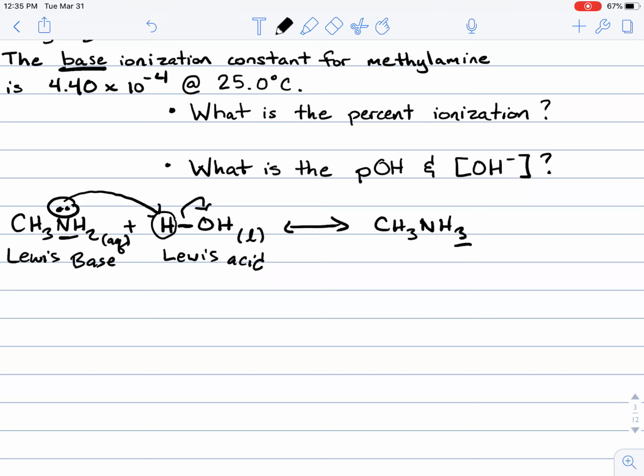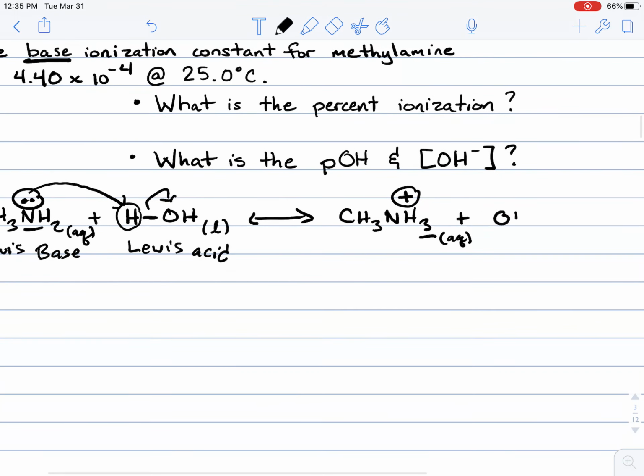And so if we're absorbing an extra hydrogen, we're absorbing an extra proton. And if you recall from first semester general chemistry, a proton is positive in charge. And so if we're absorbing an extra hydrogen, we're taking on an extra positive charge. This is going to be aqueous. And the result that we get is OH minus.